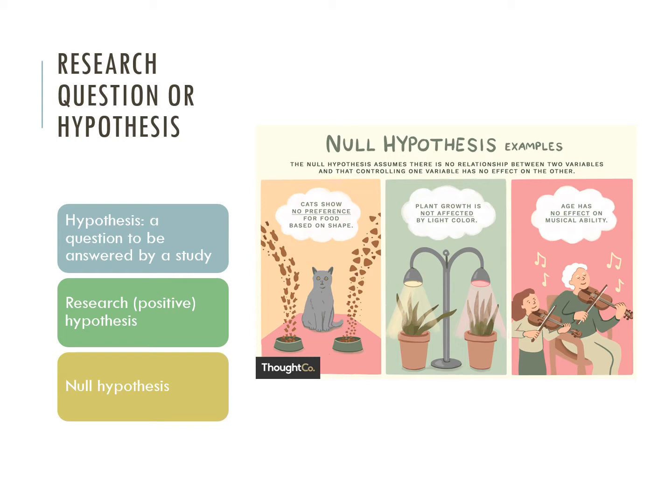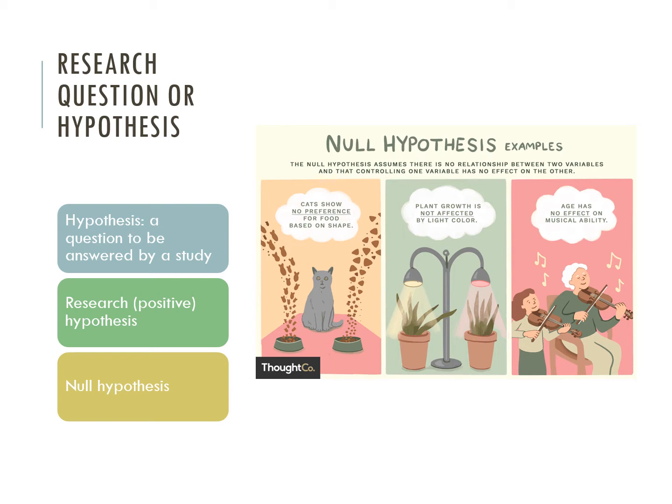The last example here is that age has no effect on musical ability, right? So maybe our null hypothesis is that it won't affect it, but the research hypothesis is that older individuals have more of a musical intuition than younger individuals. Basically, in research, we are trying to either accept or reject a null hypothesis, okay?